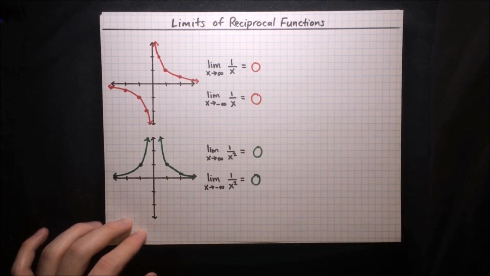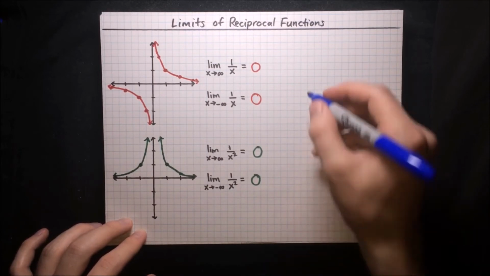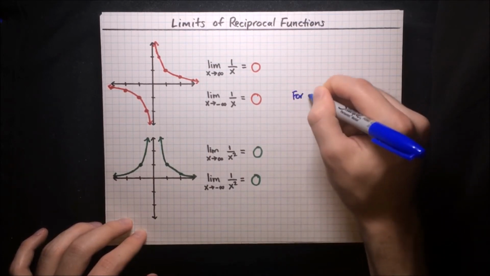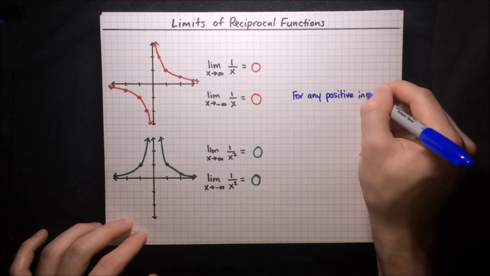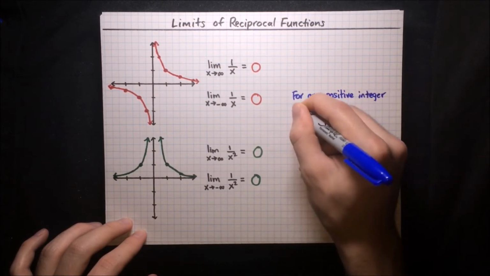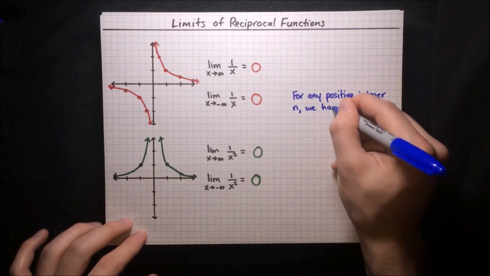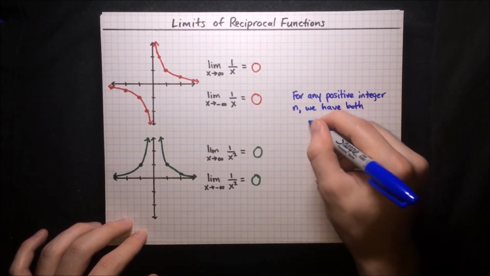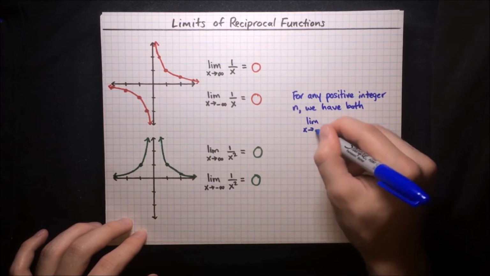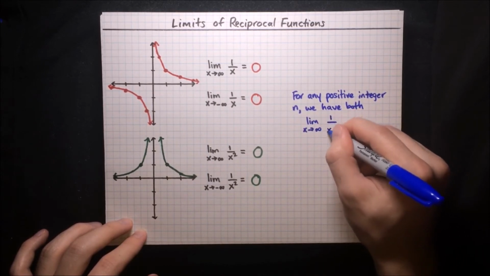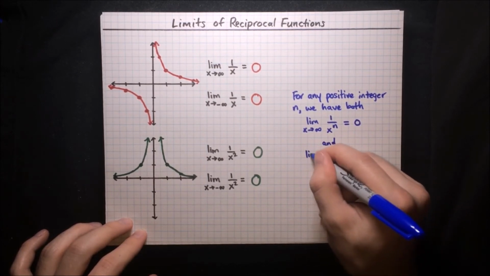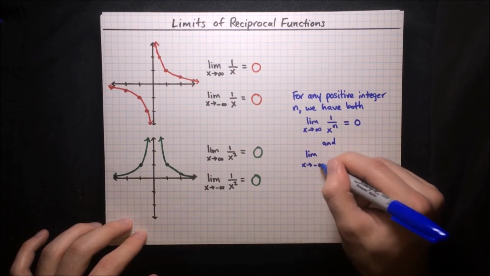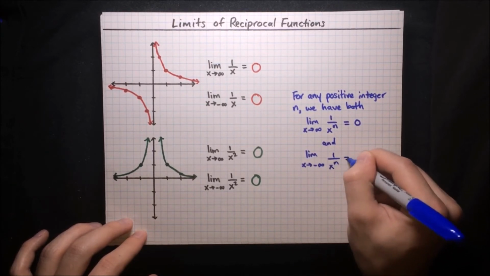Alright, so there's a pretty clear pattern here. All of our answers are 0. So why don't we go ahead and write the general statement of this pattern? The general statement is that for any positive integer n, we have both that the limit as x approaches positive infinity of 1 over x to the n is equal to 0, and that the limit as x approaches negative infinity of 1 over x to the n is also equal to 0.